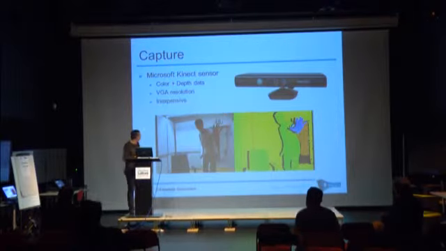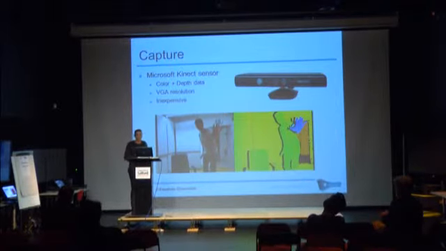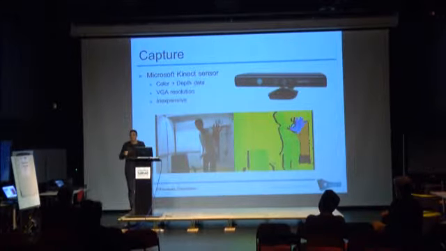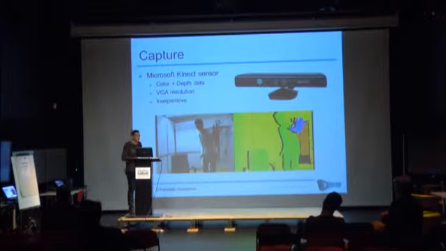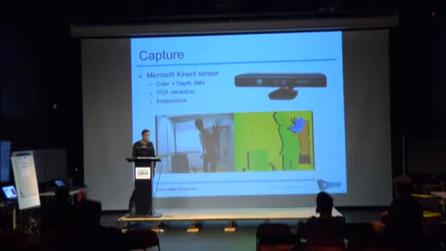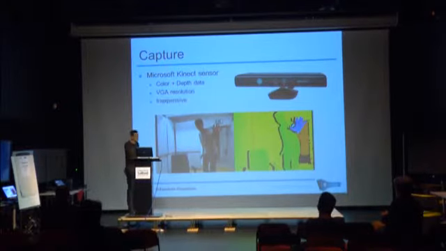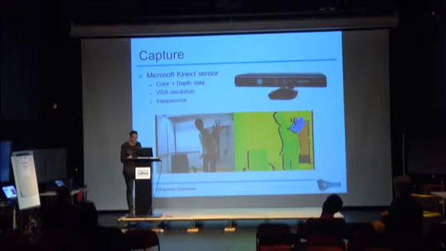The good thing about this sensor is that less than a week after it was released, there were already people tinkering with it and obtaining the raw data. And then Microsoft also released an SDK, a software development kit, so you can play with it. You don't need an Xbox, just a computer. It's a USB device, you plug it in.